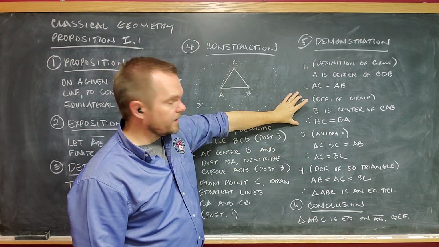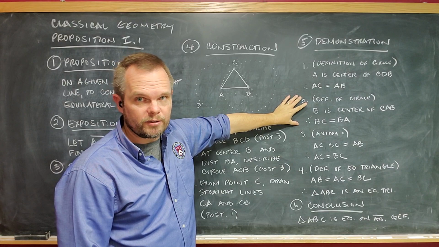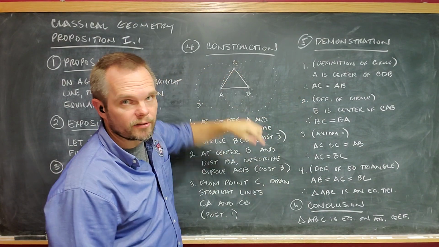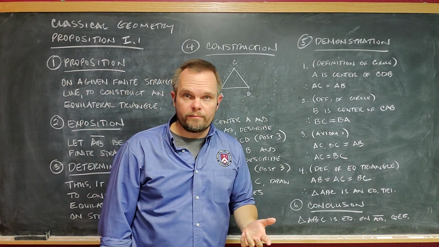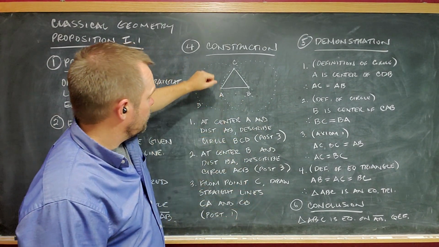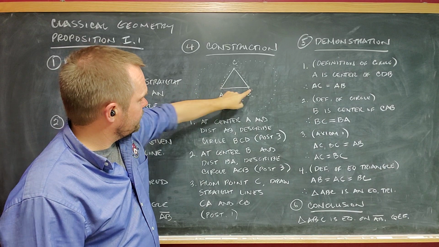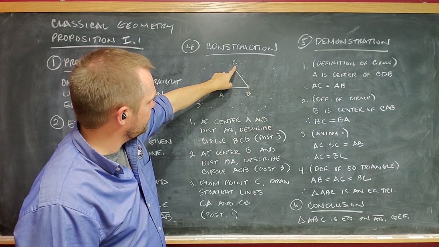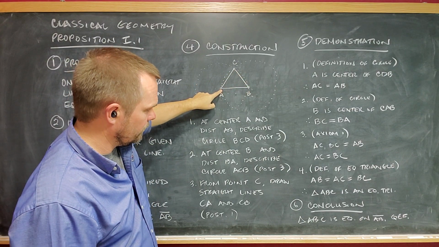So, in this second step of our demonstration, we've just proven that these two sides of our triangle are equal to each other. Okay? In step 1, we proved that this side and this side are equal. In step 2, we proved that this side and this side are equal.